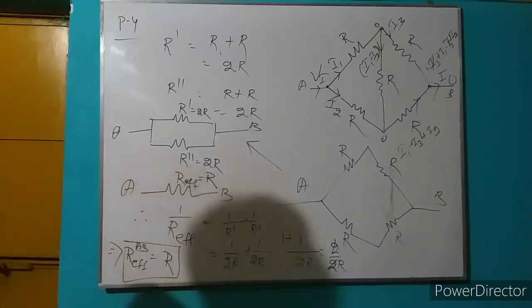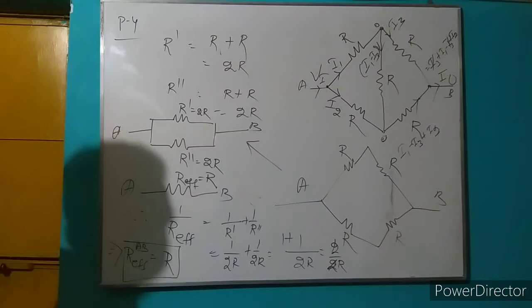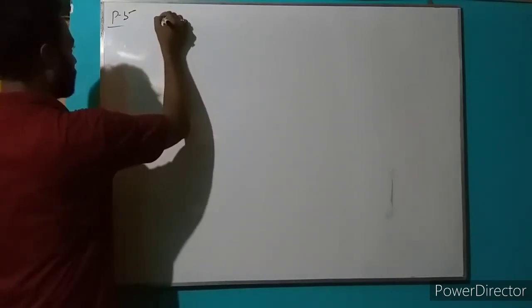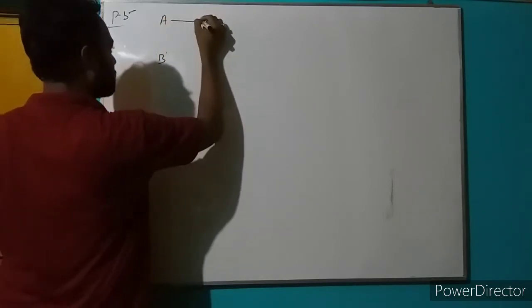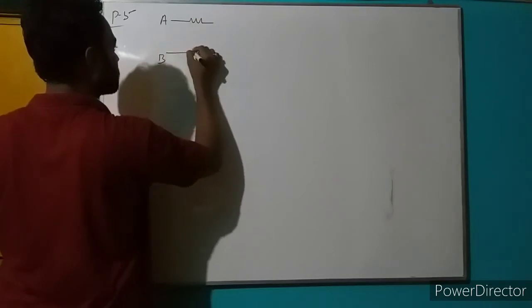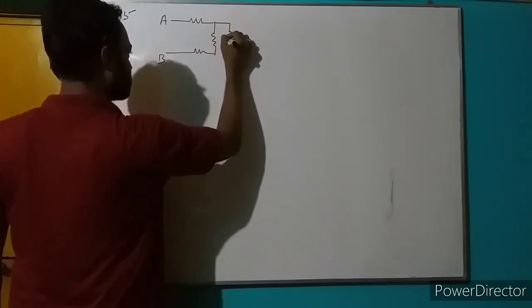Now I am going to the second problem, the fifth problem. Problem 5. So here, point A is here, point B is here. Here two resistors are there, connected like that.